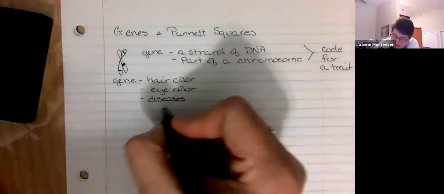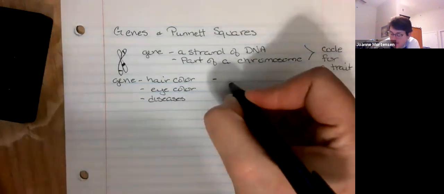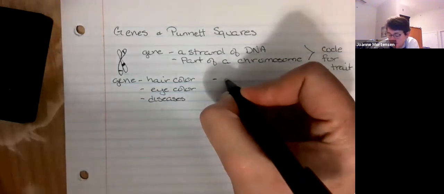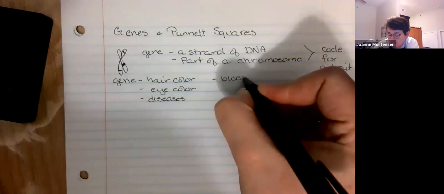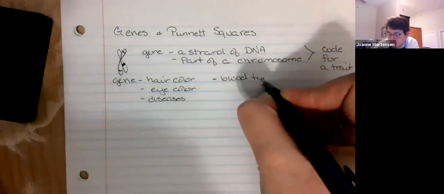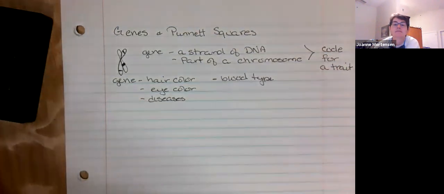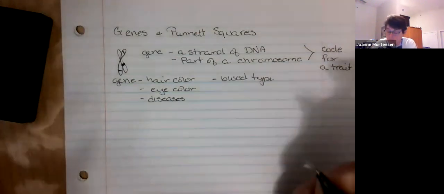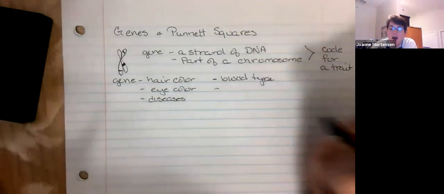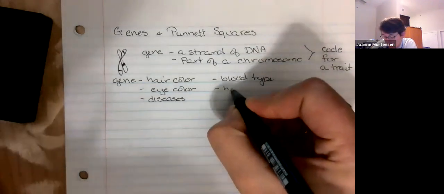You definitely have a gene for blood types. And there's going to be genes for all of your hormones.